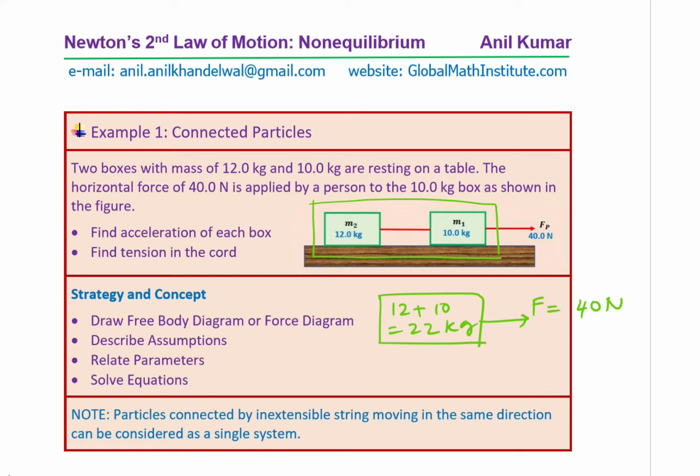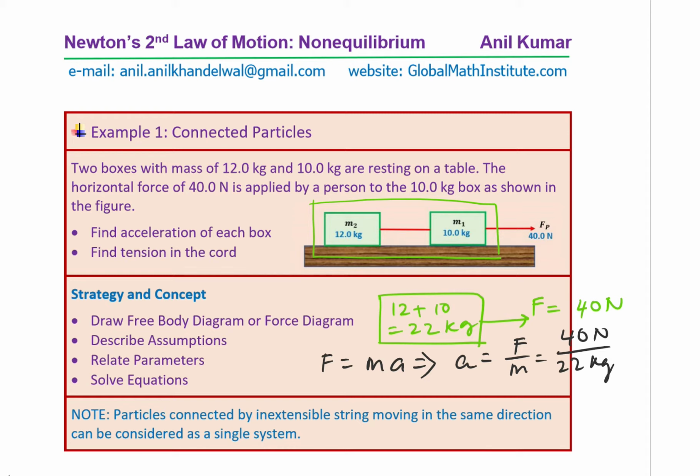And we have a force F which is 40 newtons, correct? We know F equals ma, or actually a is force over mass. So the force is 40 newtons and the mass here is 22 kg.